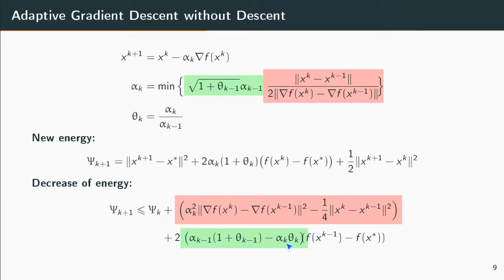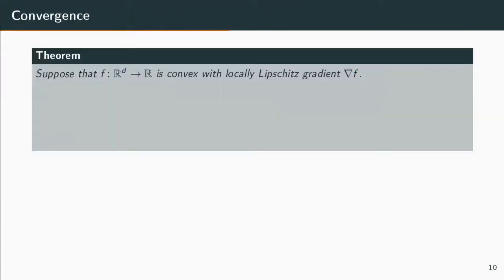It's not immediately clear, but if you write it in 2 lines, you immediately obtain the same inequality, that alpha k has to be less than the square root multiplied by alpha k minus 1. So that's just the intuition for how we came up with such a strange but kind of natural update.